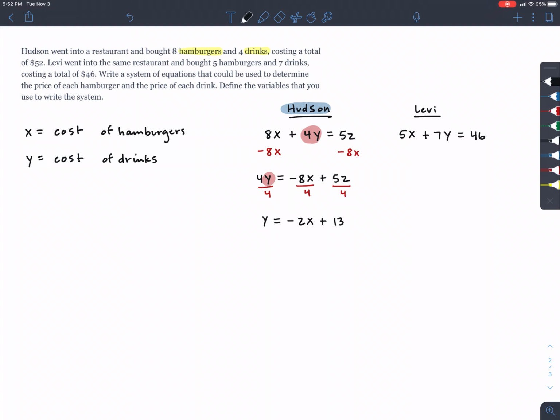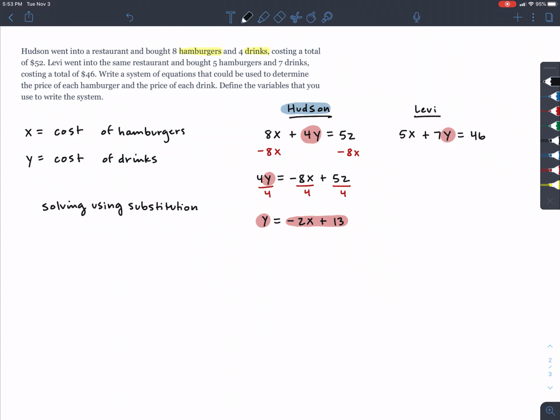So the reason we did that is because we are solving using substitution, meaning we are substituting negative 2x plus 13 wherever I see a y in my other equation.